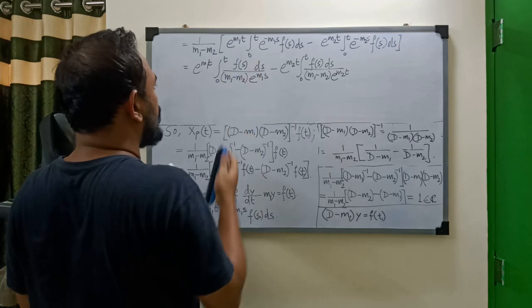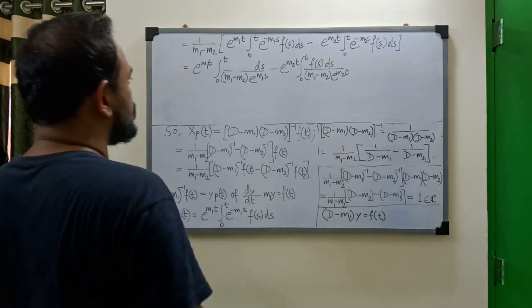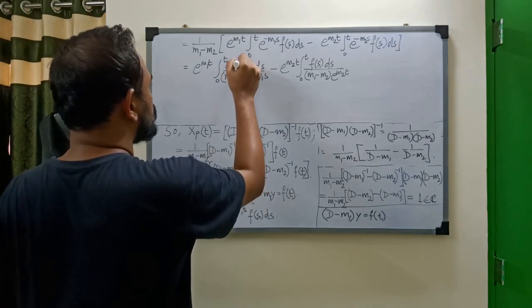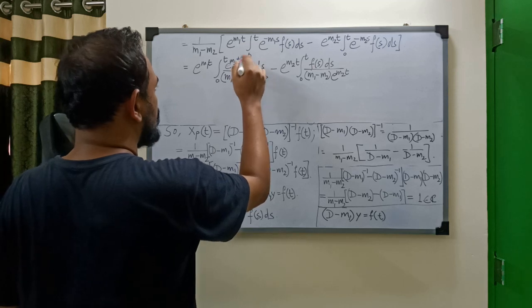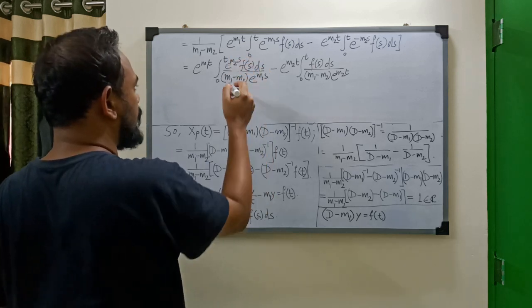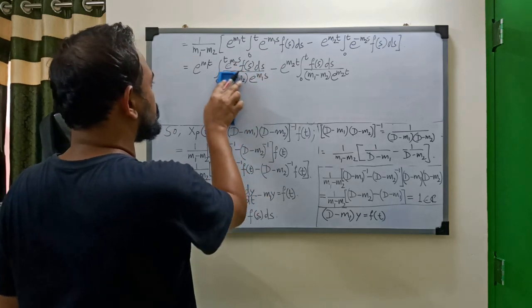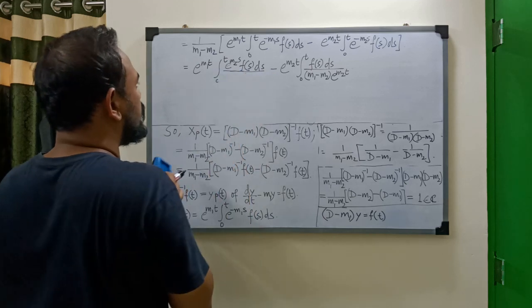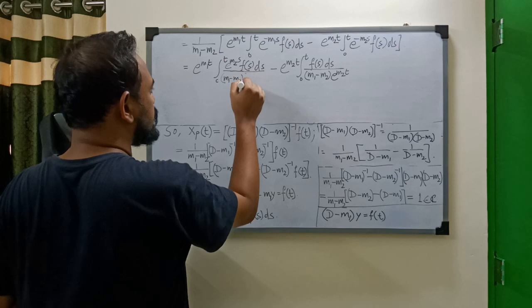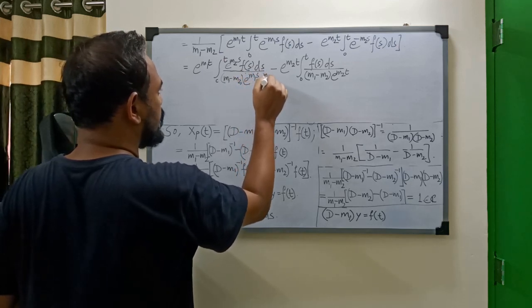For the first integrand, I'm going to multiply e to the m2s both on top and down. So I'm going to have m1 minus m2, e to the m1s, e to the m2s.